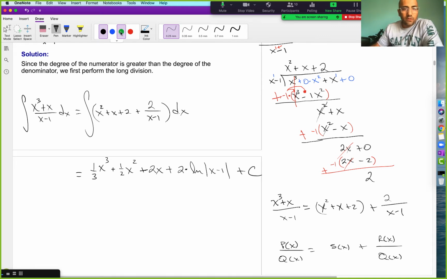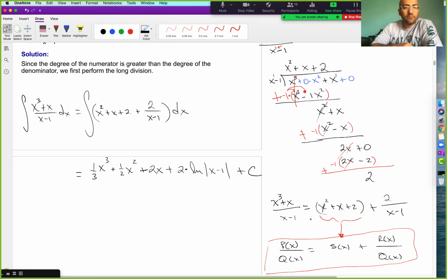So in this little scenario here, this is that polynomial s of x. The remainder turned out to be 2. The divisor is x minus 1, and so it fits this form.